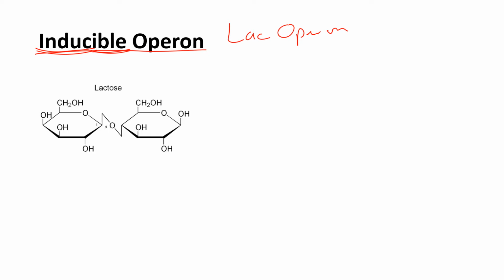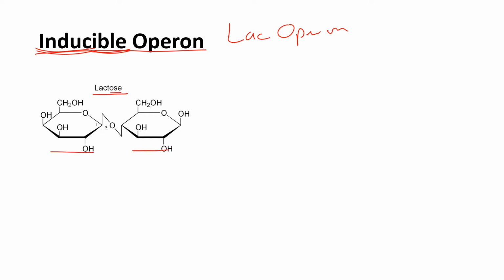Now, the classic example of an inducible operon is the lac operon. And this was actually the first operon that was identified. And lac stands for lactose. And lactose, ose, is a carbohydrate, and this is a disaccharide.